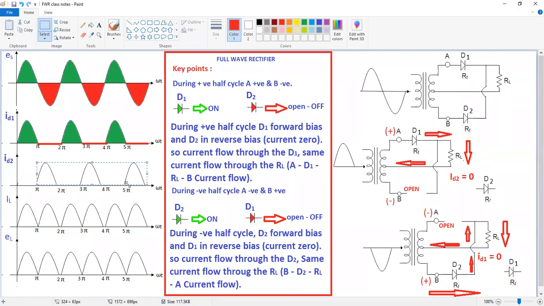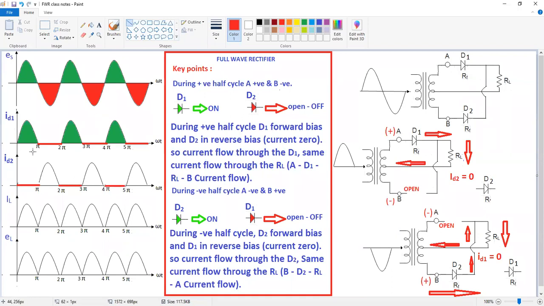Here, D2 on, so that's why the current is present. Whereas D1 off, so that's why here this is 0.